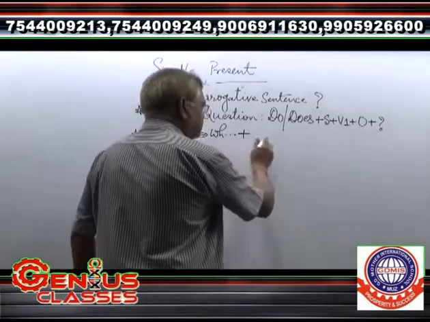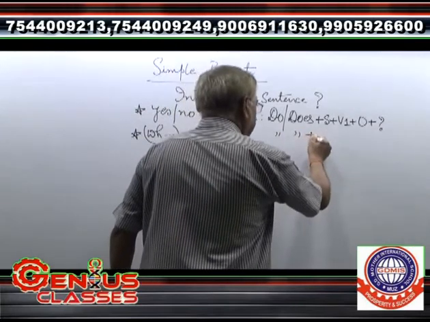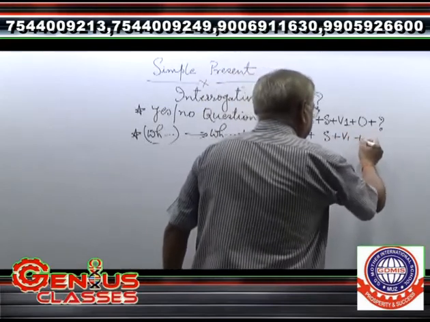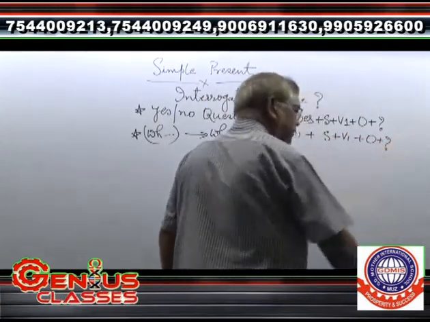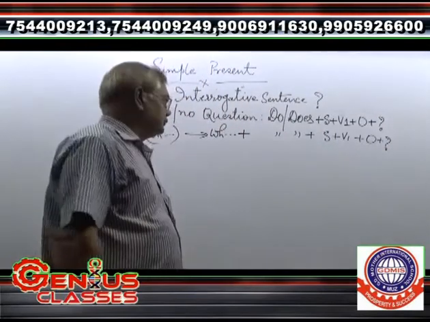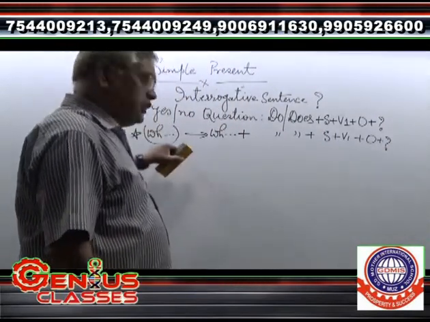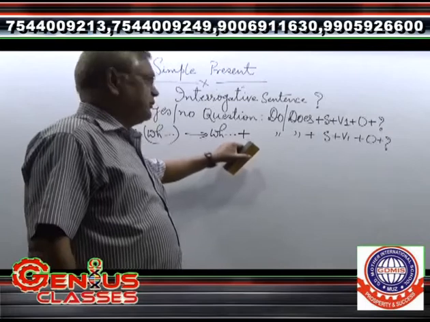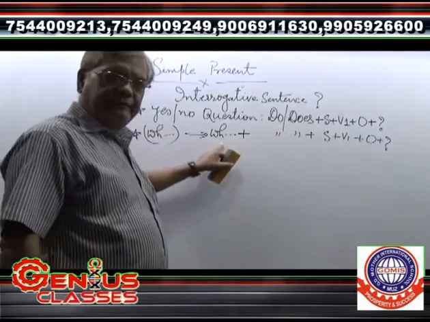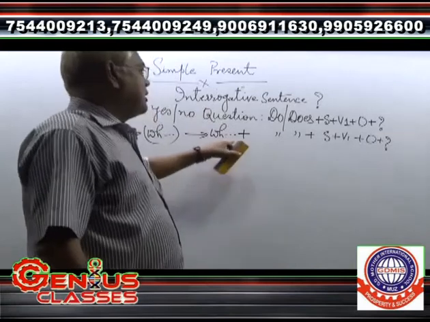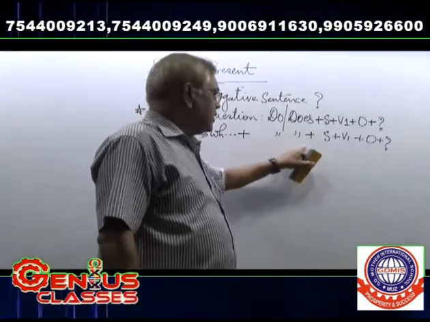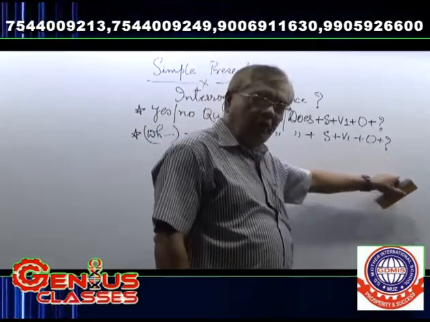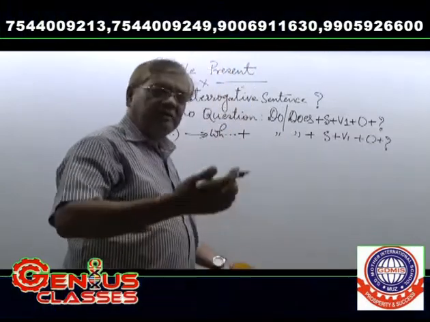So: WH, then do or does, then subject, then V1, then object, and at last the question mark.